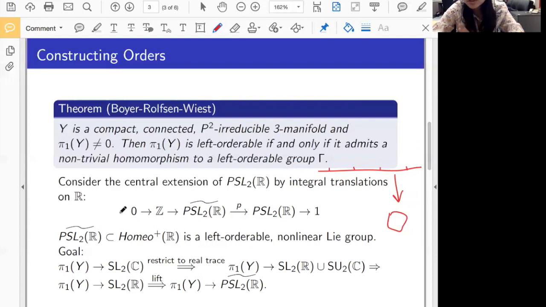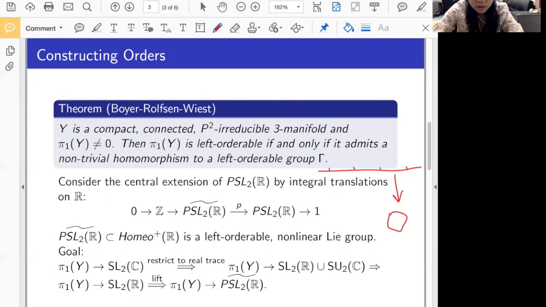And PSL2R tilde is the universal cover of PSL2R and SL2R as Lie groups. But unfortunately, PSL2R tilde is a nonlinear Lie group, which makes it difficult to study. But it's still much simpler than the group Homeo+(R). So we can choose PSL2R tilde as the left orderable group gamma when we apply the theorem.